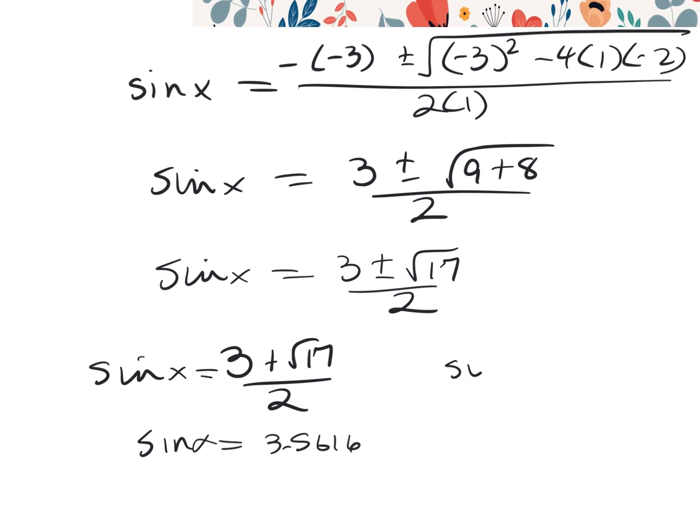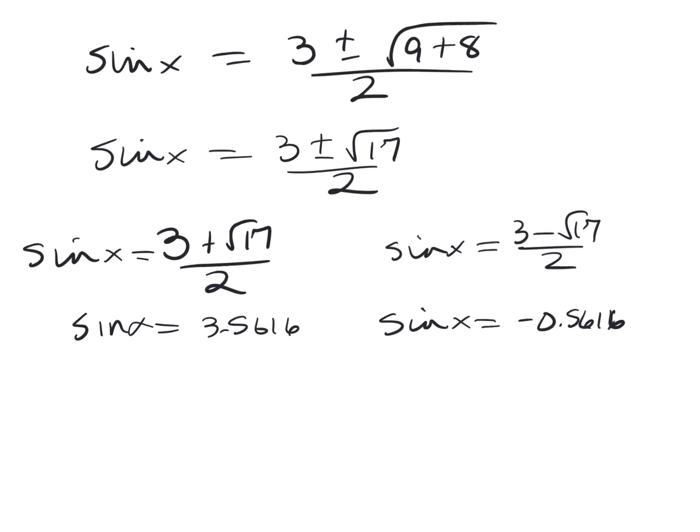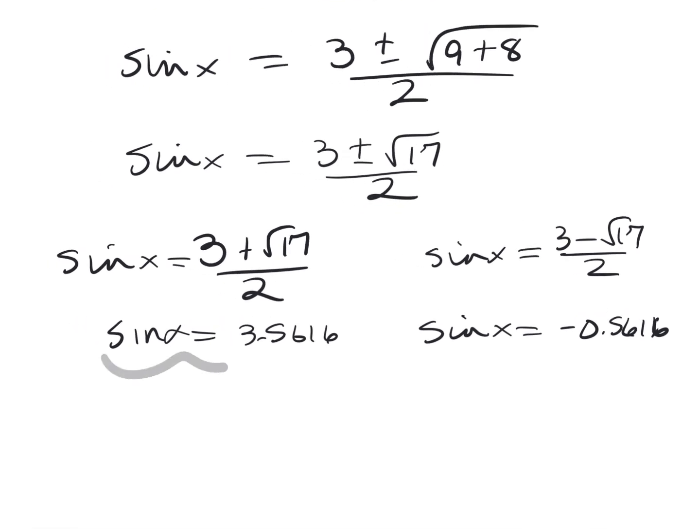Then if I do it as a subtraction sign in front of the square root of 17, 3 minus the square root of 17, this is going to give me sine x is equal to, and I just truncated it, negative 0.5616. Now, notice the first one's out of my range. Sine can't be a number that's greater than 1, so this part is no solution.